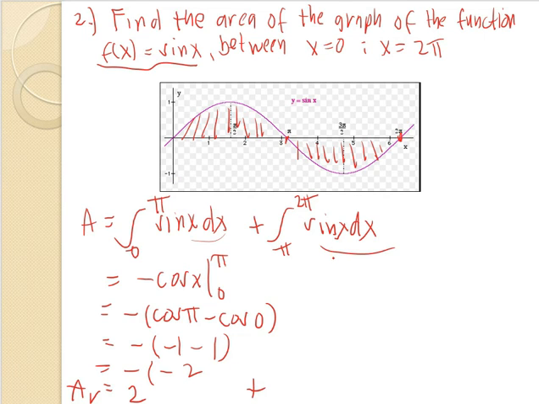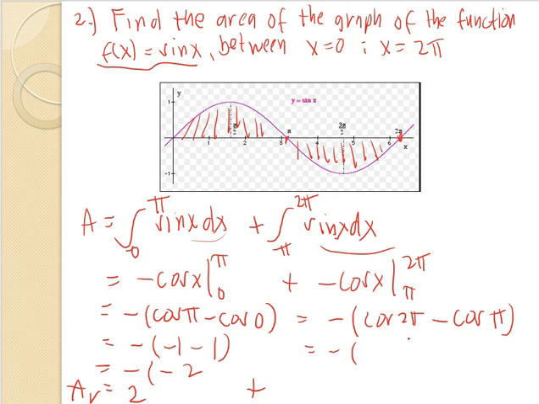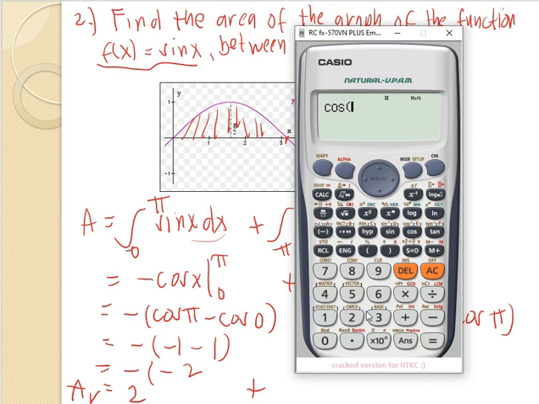Plus, the integral of sine x dx is also negative cosine x evaluated from pi to 2 pi: cosine of the upper limit, which is 2 pi, minus cosine of pi. Cosine of 2 pi, sabi nga natin, pi is 180. So, 2 times 180 is 360. Cosine of 360 is equals to 1.